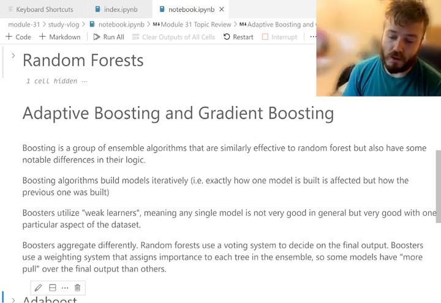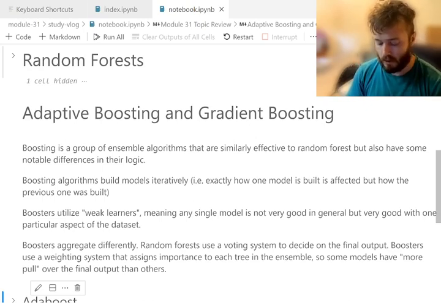Boosting algorithms, however, use weak learners. When one model is being built, it might be generally really bad. However, it's really good at capturing one particular aspect of the data.